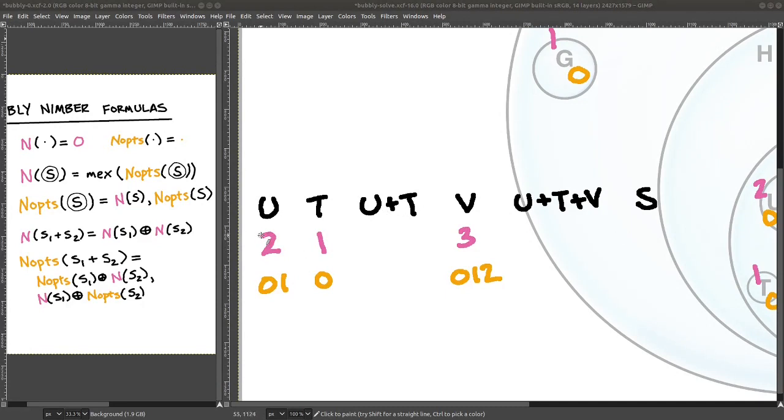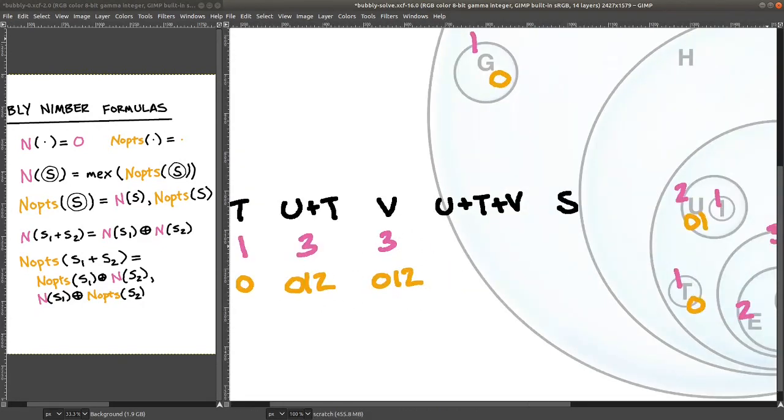So U plus T, the number is 2 XOR 1 is 3. And the orange numbers are this pink with this orange, this pink with these oranges. So as a shortcut here, I know there's only going to be 3 values here because it's one value with this one and one value with these two. And I know that at least 0, 1, and 2 have to be here because 3 has to be the smallest value that's not in here. So I know this is going to be 0, 1, 2. I could work it out, but this is a convenient shortcut. But in this case, I do have to work it out.